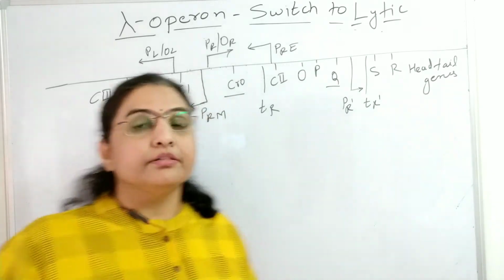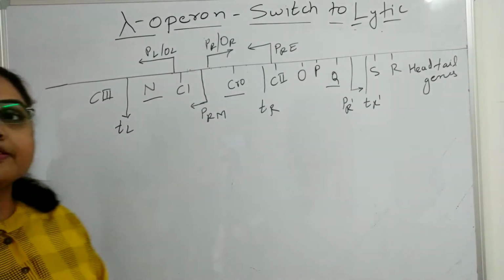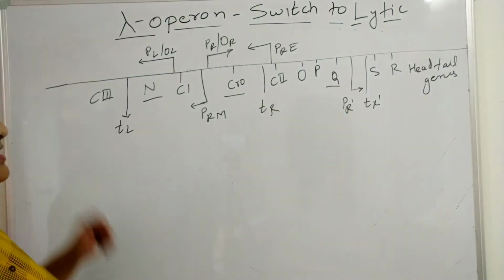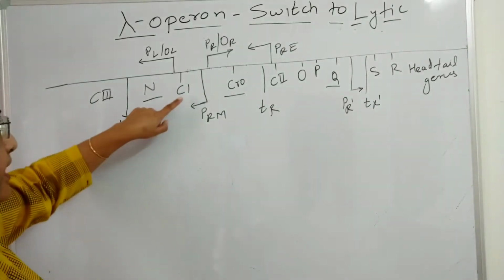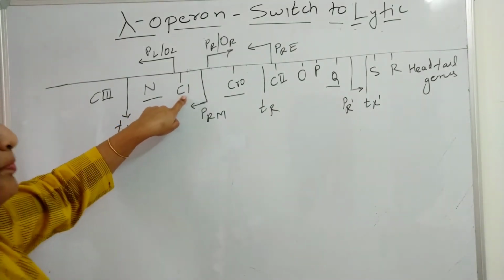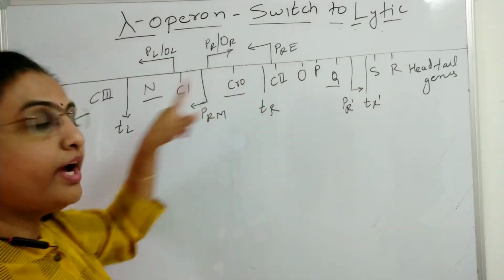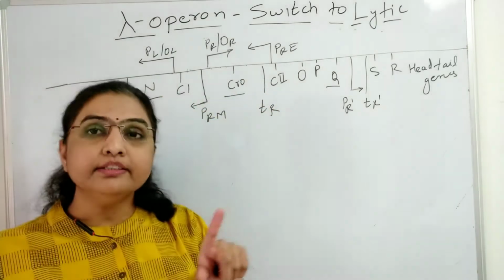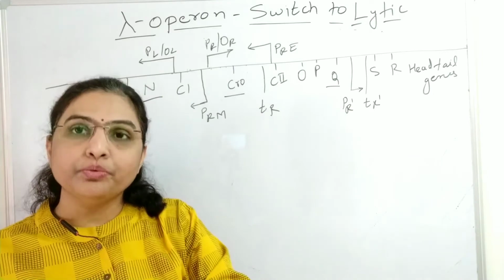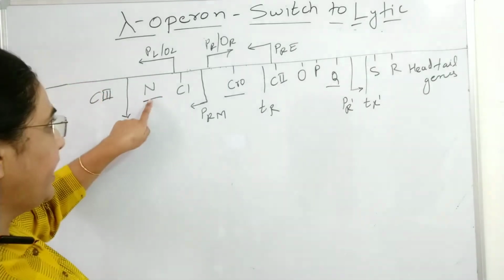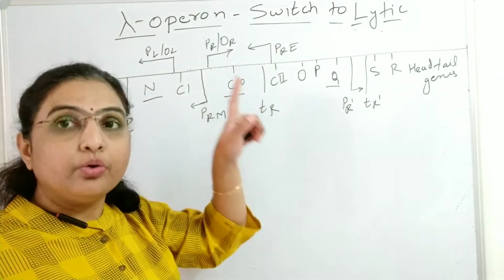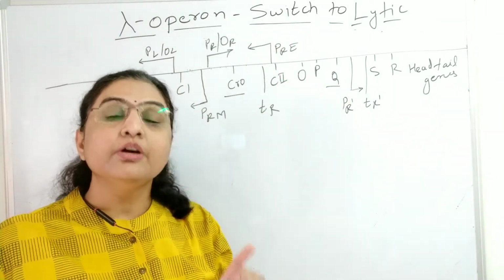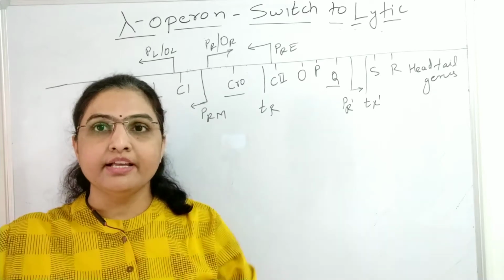Here I have drawn the structure of the lambda operon, and you can see there are 6 regulatory genes: C1, C2 and C3, which are the negative regulators of the lytic cycle, and N, CRO and Q, which are the positive regulators of the lytic cycle.